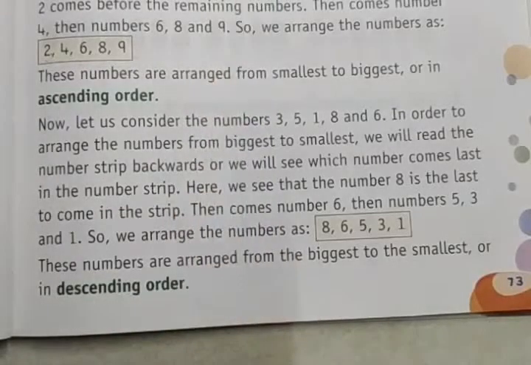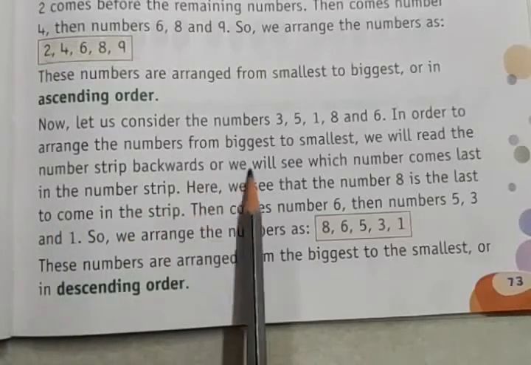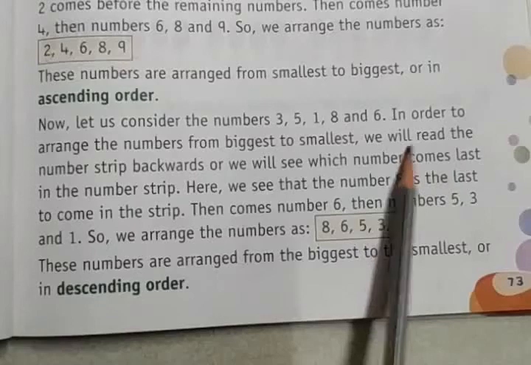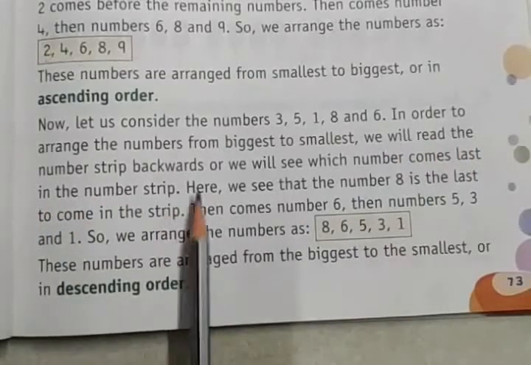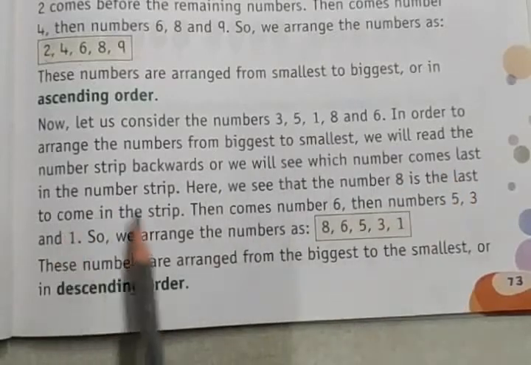So in the number strip we read 9, 8, 7, 6, 5, 4, 3, 2, 1 in backward order, right? Or we will see which number comes last in the number strip. Here we see that the number 8 is the last to come in this strip.